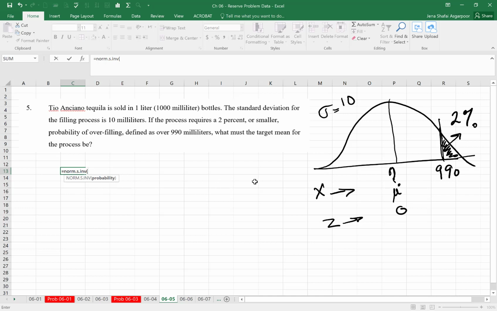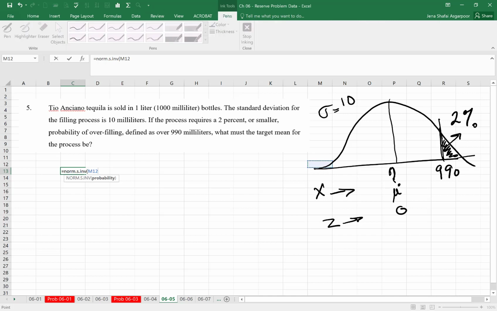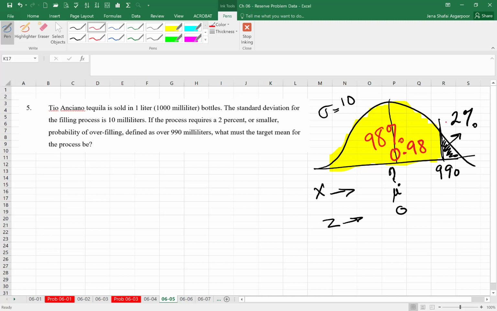So what is the probability? Well, all of this area right here, I know is 98% or 0.98. Why? Because I know this area right here is 2%.